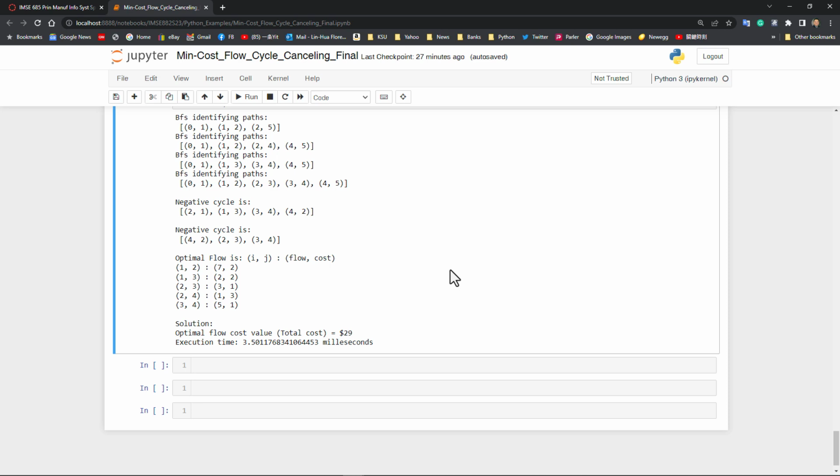This only takes 3.5 milliseconds, actually could be much less. So this solution is exactly the same as our cycle canceling algorithm presented in our lecture notes and lecture video.